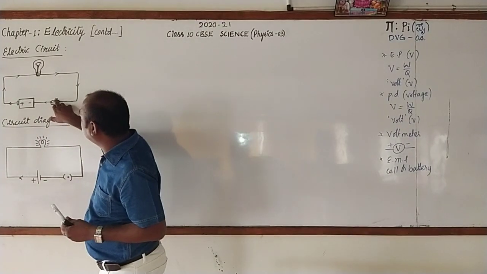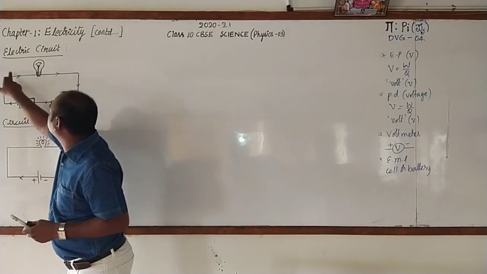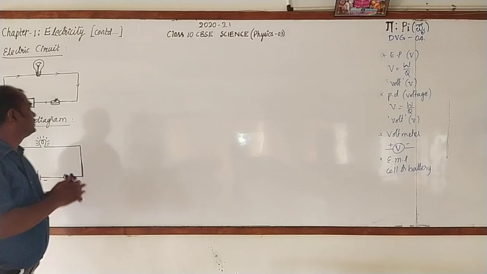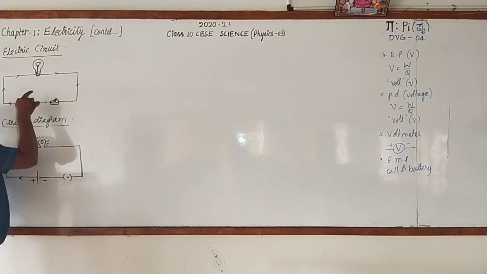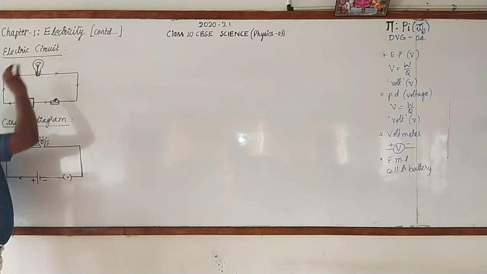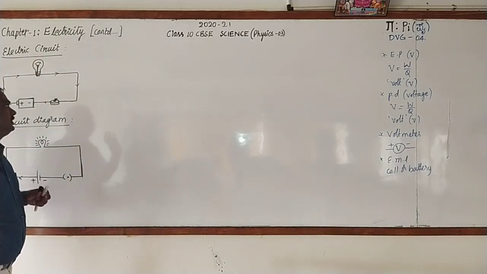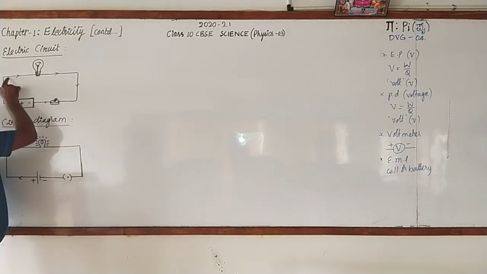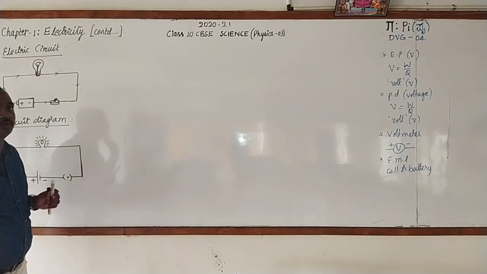When we press the key, the current starts flowing in the circuit from the positive terminal to the negative terminal. This path in which the current flows is known as an electric circuit. Clearly, it can be defined like this: the closed and continuous path in which the current flows is called an electric circuit.